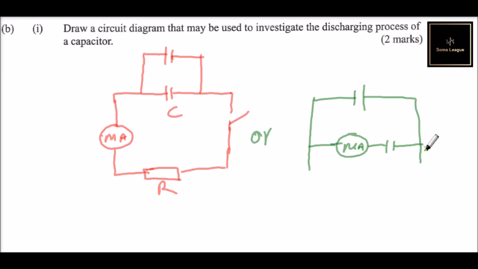Then we connect that, and then here we will have our resistor. So this is our resistor, and we can make a switch here. So like that. So these two circuits are correct. They will be able to discharge the capacitor. So that's how you are supposed to answer that.